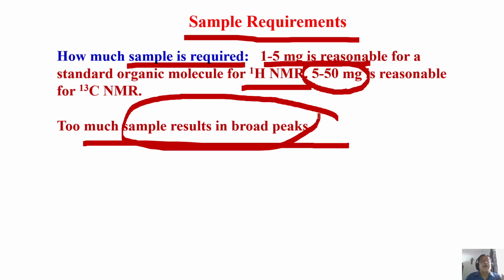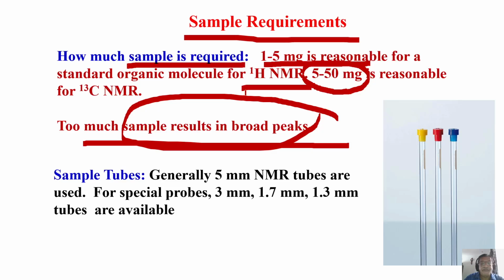You can't take too little either, because it takes more time for you to get the signal. At the same time, just because you have a lot of sample, you cannot take too much, as that gives broad signals. What I have mentioned here is only a guideline. Of course, you can decide the way you want.